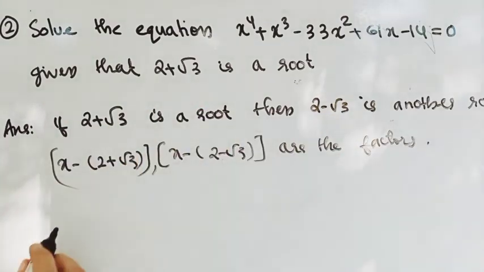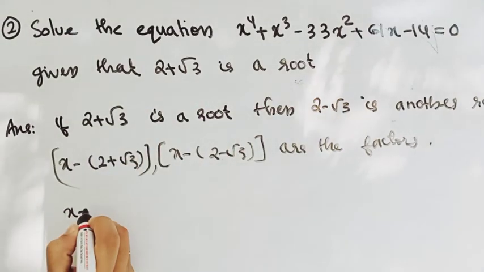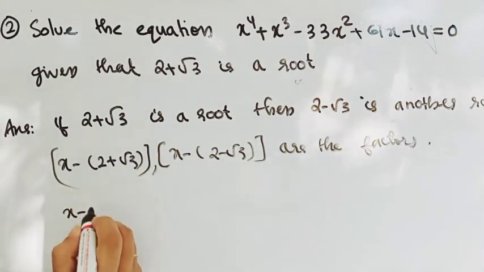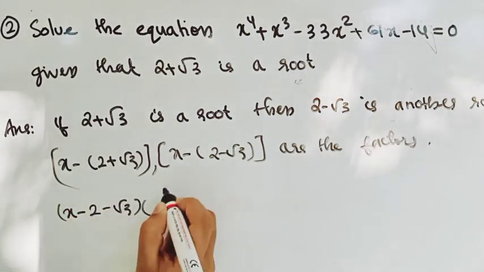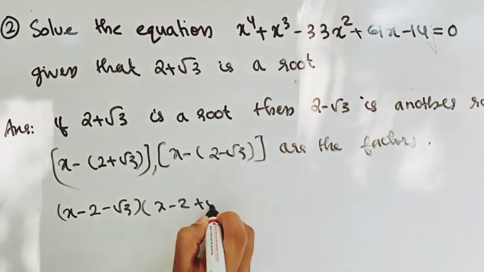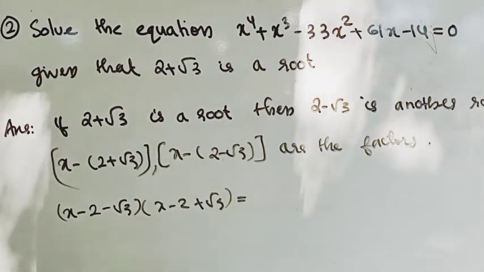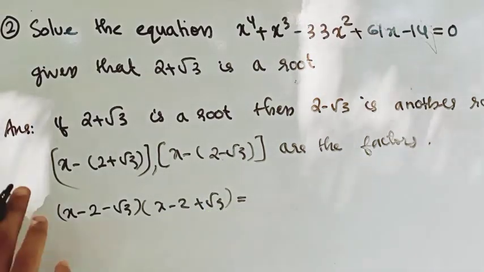That is, x minus 2 minus root 3 and x minus 2 plus root 3 will be factors for the equation.